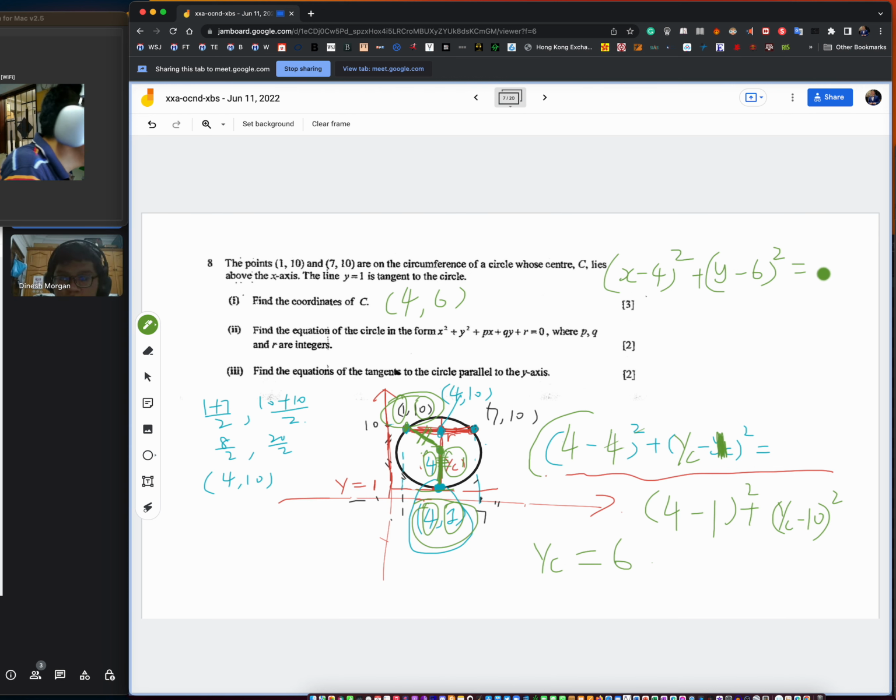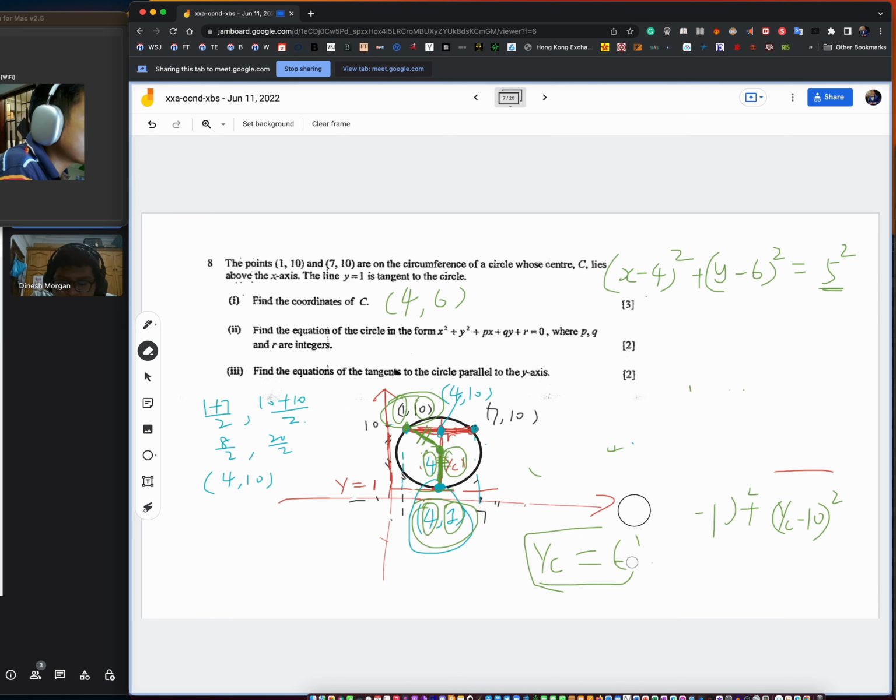I think you got your r square already, which is 5. The radius is 5. Once you find the yc and put it in, then this is 5 square, so r is 5 square. So this is the formula for the equation of the circle.